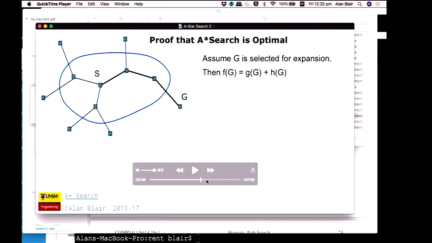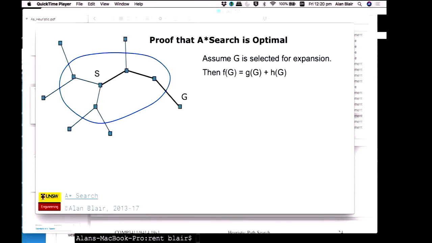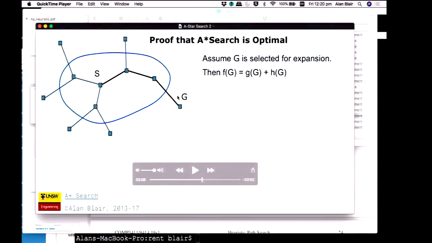Now, at what point does the algorithm stop? It stops at the point where we're going to expand the goal state, not generate it, but expand it. The algorithm has considered all of these nodes and calculated this function, and this node here is the one that has the minimum, and that's the one it's expanded.